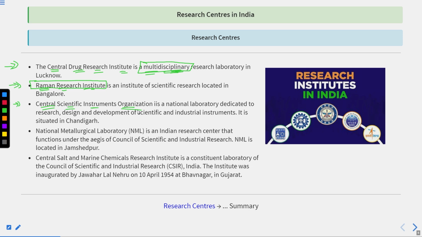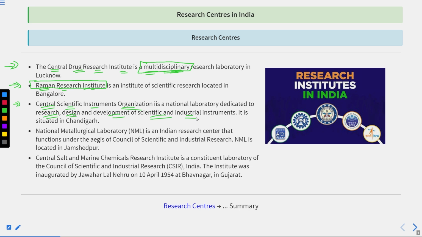It is actually a national laboratory that is dedicated to conducting research as per the research design, developing scientific and industrial instruments. Because we know that in order to create robust infrastructure to enhance the manufacturing and the GDP of the country, we require state of the art scientific and industrial instruments.